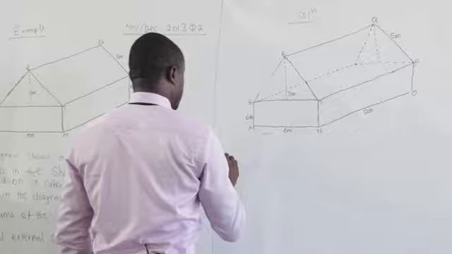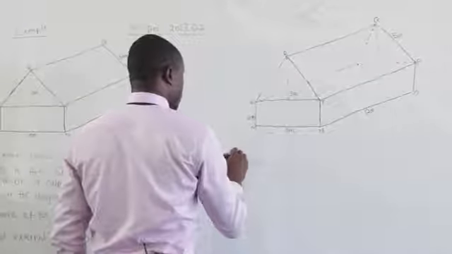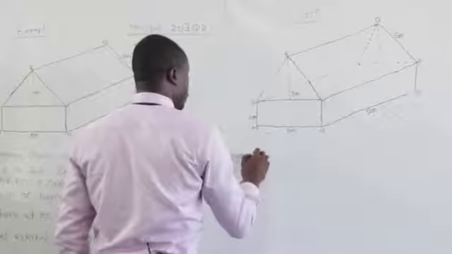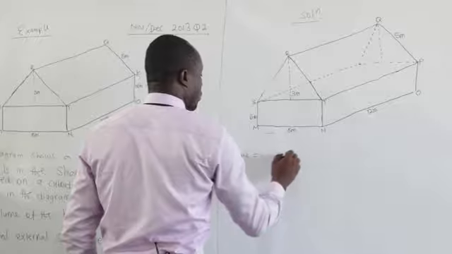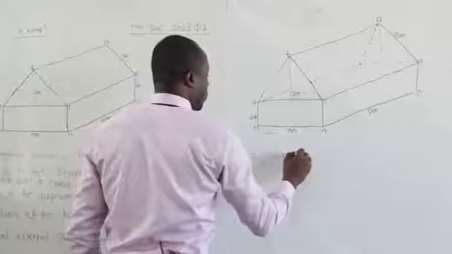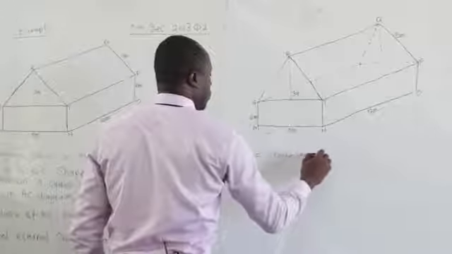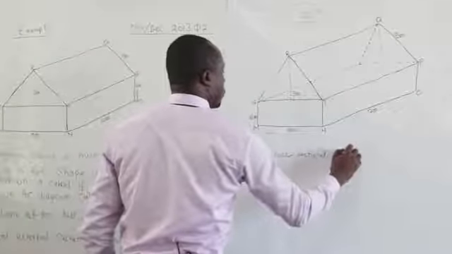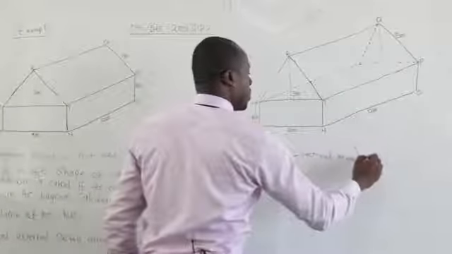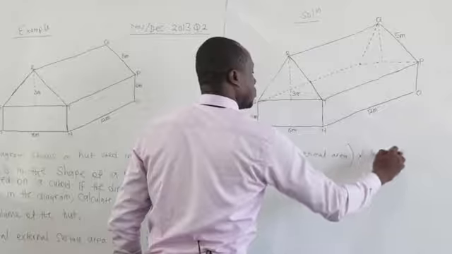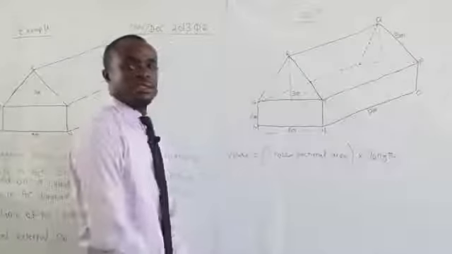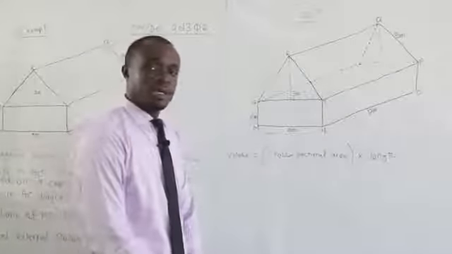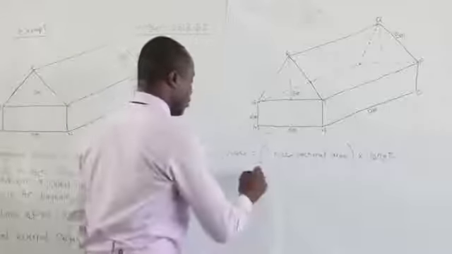So the first one says that we should find the volume. Now, volume is equal to cross-sectional area times the length, that is the volume of any prism. Now, what is a cross-section?